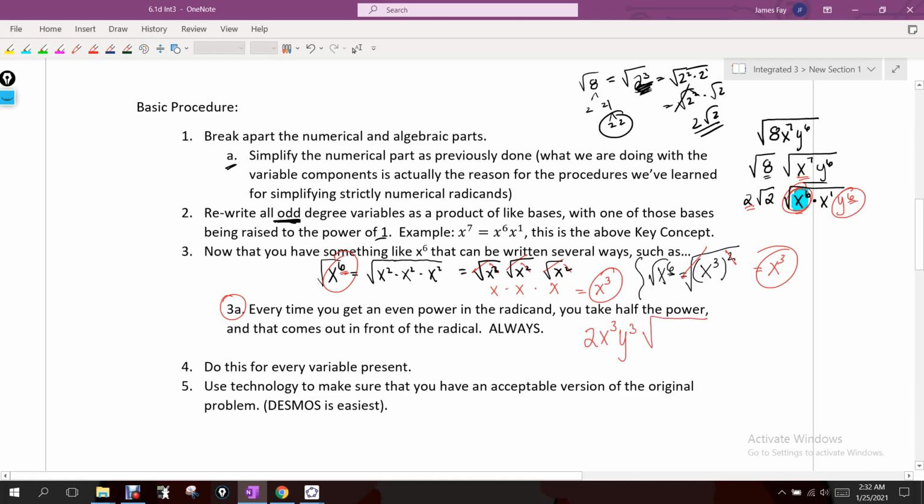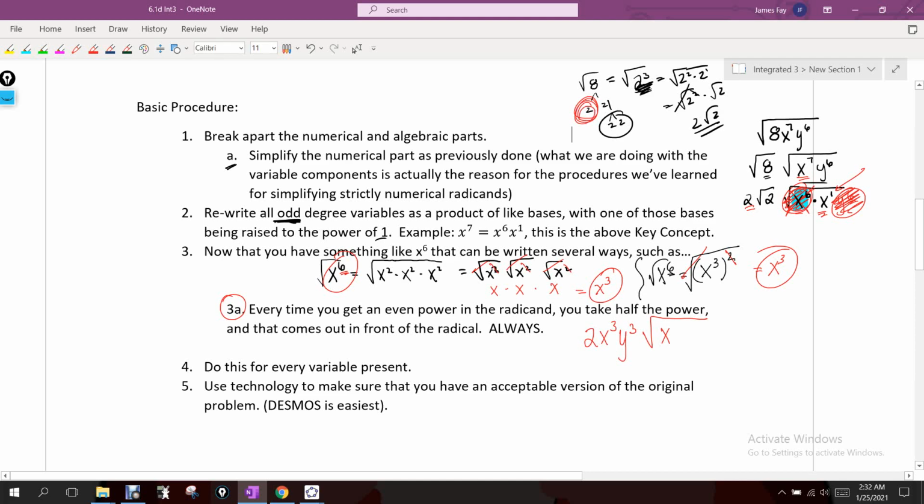Now, when we do that, when something gets cut in half and brought out front, it's gone from underneath the radical. There's nothing left underneath that radical from that x to the 6th and y to the 6th. But this x to the first, that's an odd power. Okay? We can't break that down. It's just going to be x. It's much like this 2 right there with the 8.